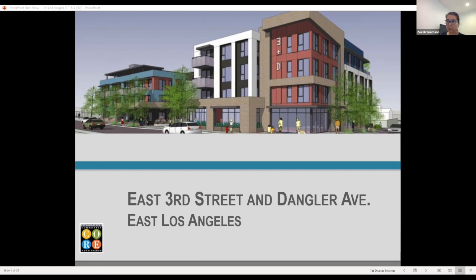Having said that, we are working diligently with our partners to meet our local hire goals of 30 and 50%. We've hired a really competent consultant, LA Housing Compliance, and they have actually hired a local person to work with our partners.